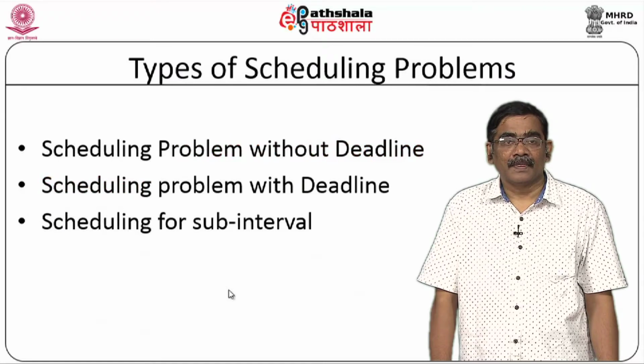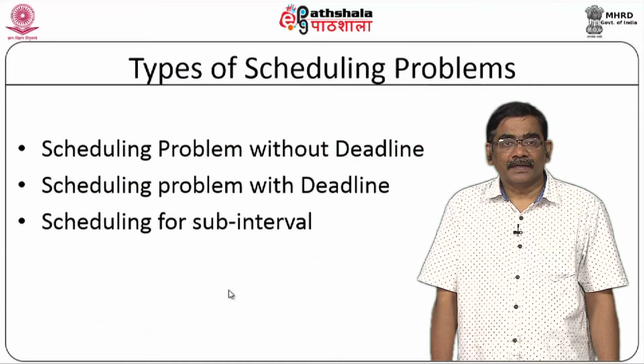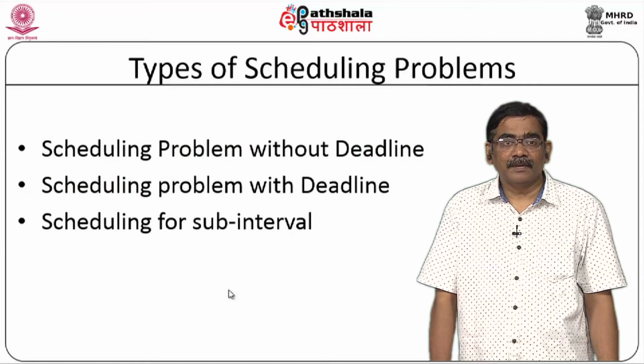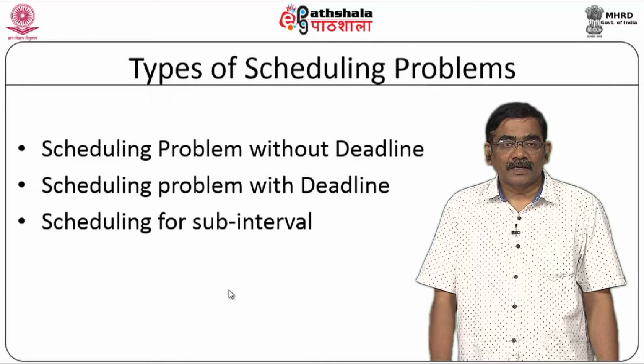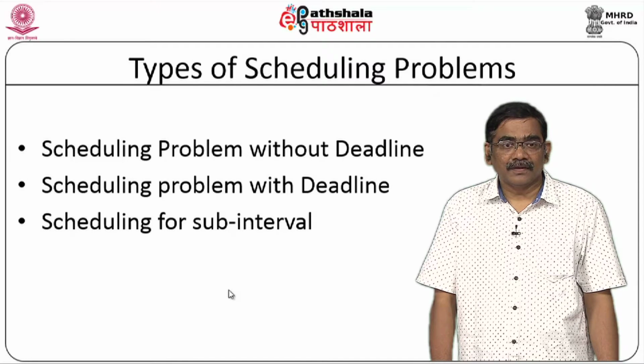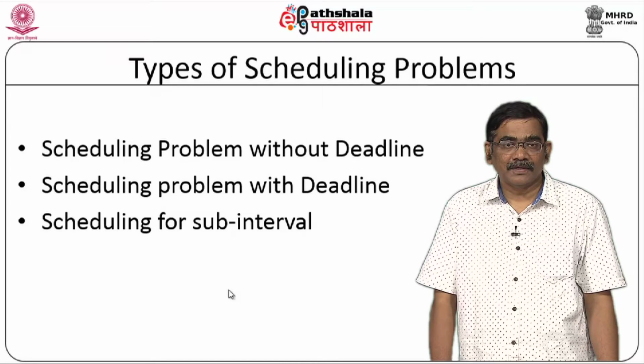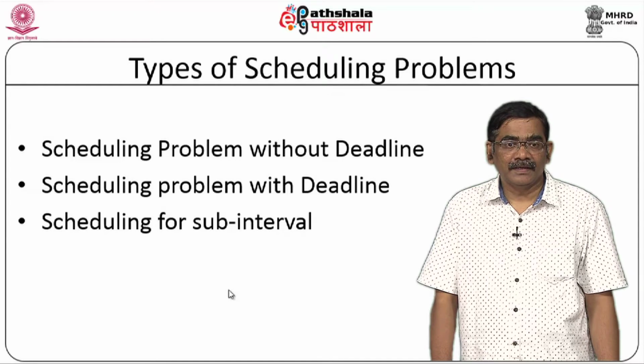So, there are 3 types of scheduling problems. First, scheduling problem without a deadline. That means without bothering about deadlines, we can solve this problem with respect to profit. Our aim is to get maximum profit.